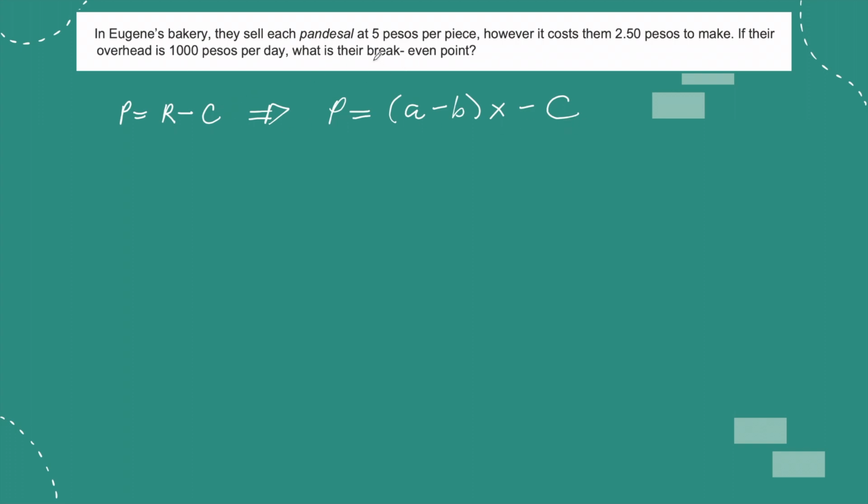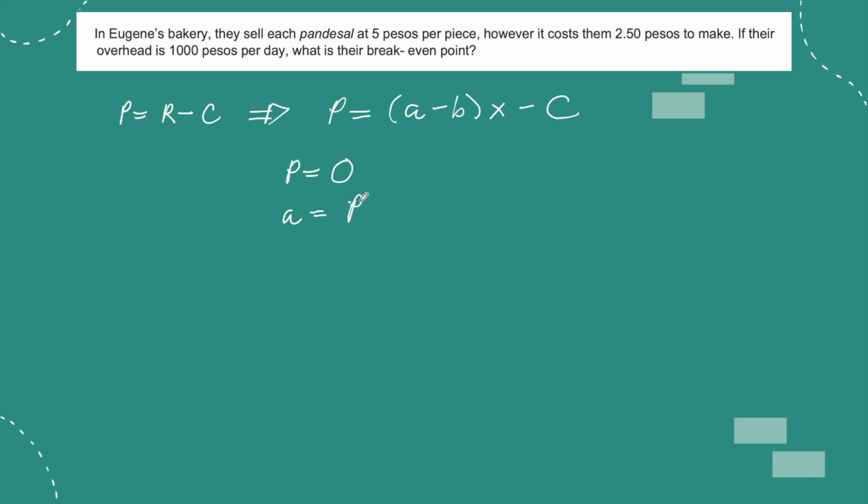So, sinasabi natin kanina, when we say break even, equal lang yung revenue at yung cost. So, meaning, yung profit mo o yung tubo mo ay zero. Wala kang tubo kasi equal lang yung dalawa. Bumili ka ng 2,000 pesos sa sapatos, binenta mo ng 2,000 pesos, so wala kang tubo. Yung A dito ay kung magkano siya per piece, yung kita mo.